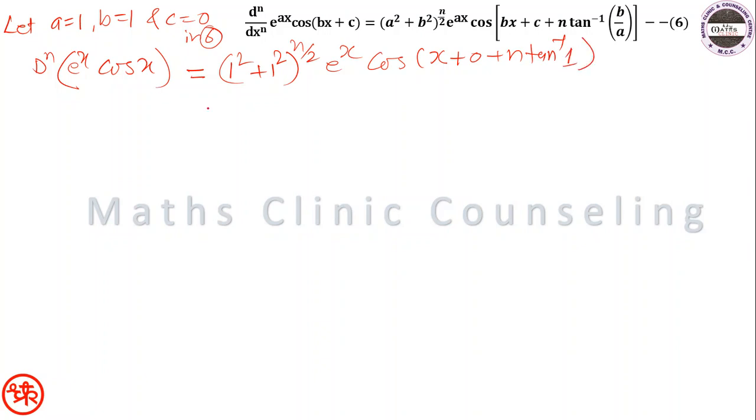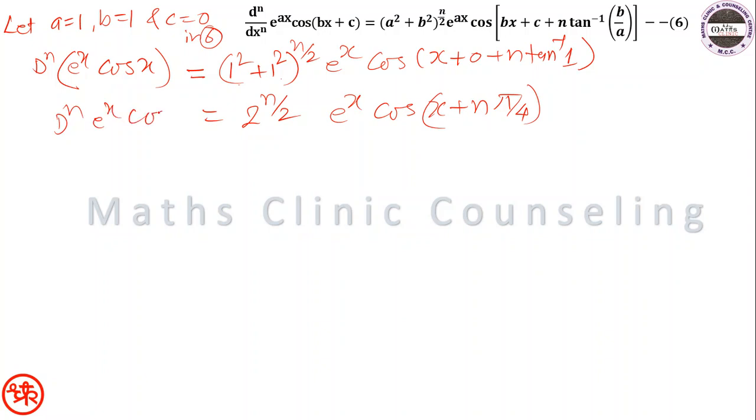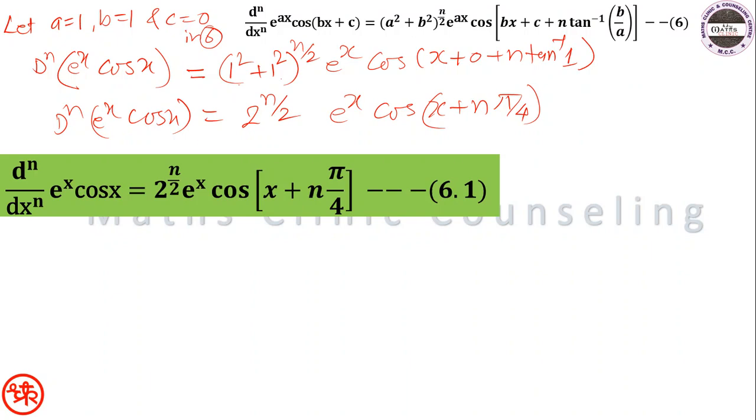Right? And so it is equal to 1 plus 1 is 2, 2 to the power n by 2 e to the power x cos x plus n tan inverse 1 is pi by 4. Is that clear? So dn of e to the power x into cos x, so we have this formula. Is that clear? बराबर है?